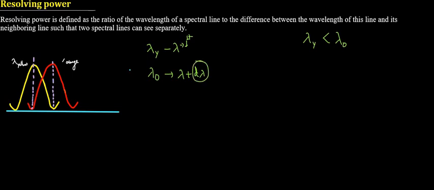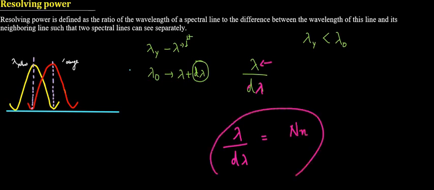So the resolving power is the ratio of the wavelength to the difference, that is lambda by d lambda, which is equal to capital N small n.